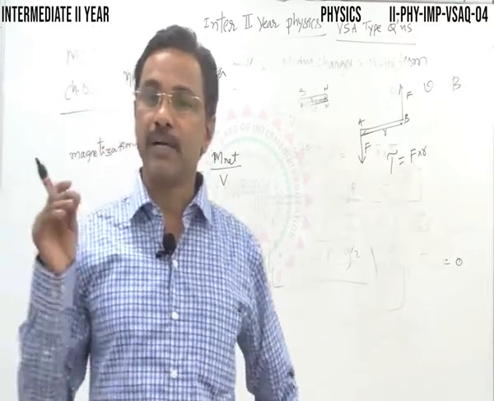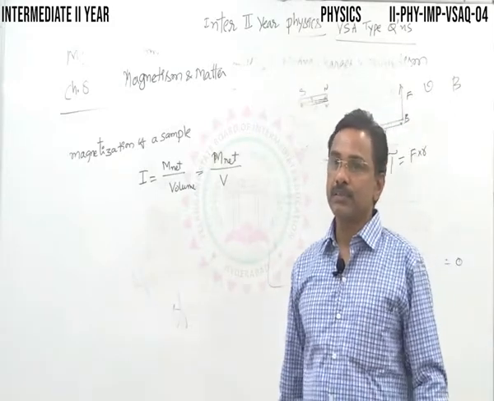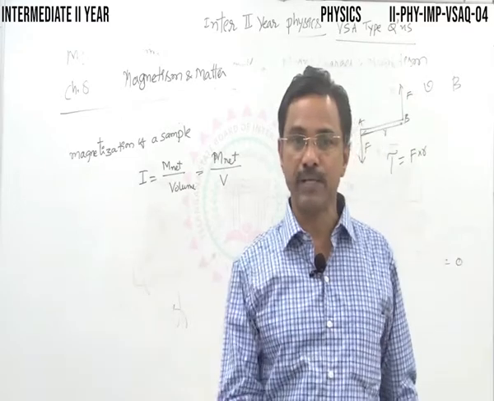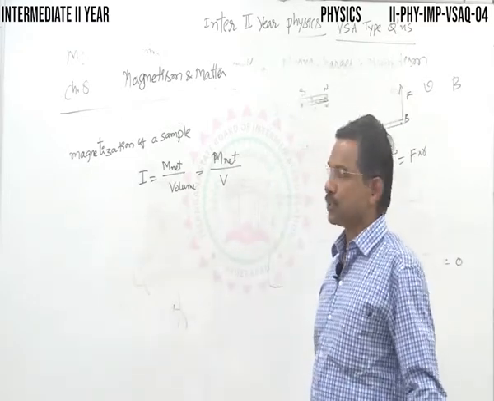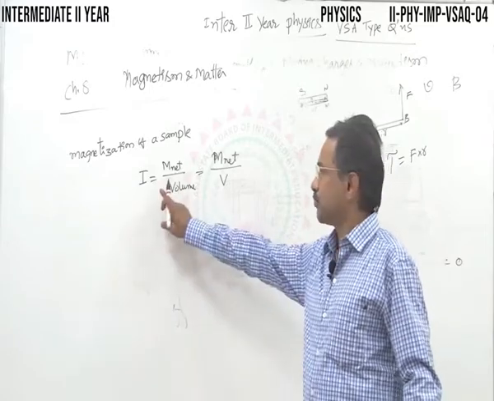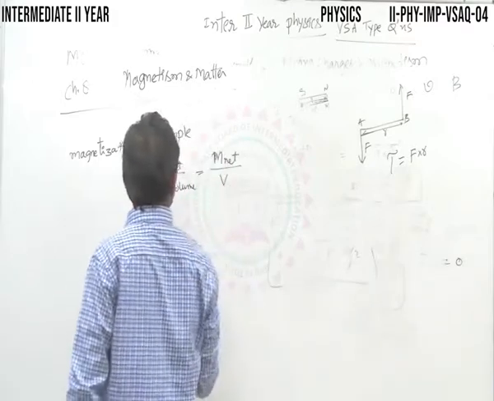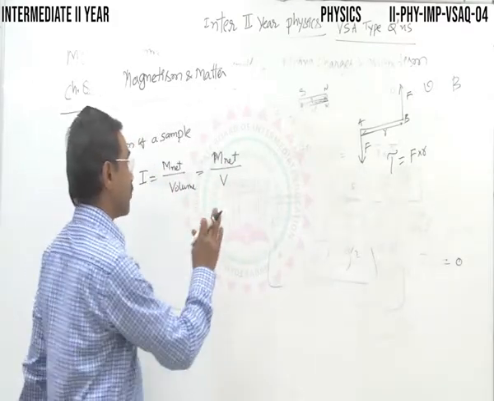When a magnetic material is placed in a magnetic field, it develops a net magnetic moment. The net magnetic moment developed per unit volume is called magnetization of the sample. It is denoted by capital I, which is M net divided by volume. Its units are not asked in this particular question, but it's important for competitive exams.